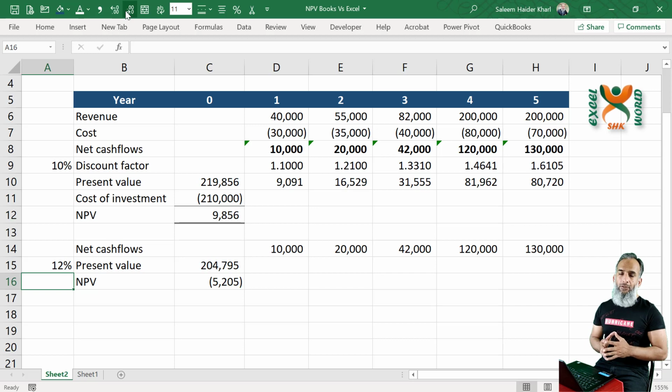So I hope you have understood the net present value concept quite clearly for your exams, for your accounting, and for Excel as well, because this is how it is used in building financial models.